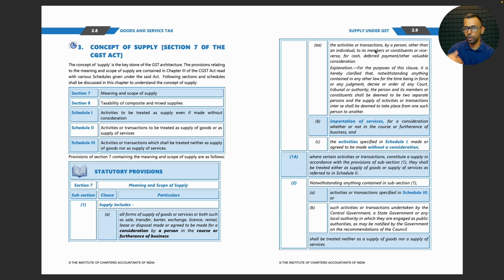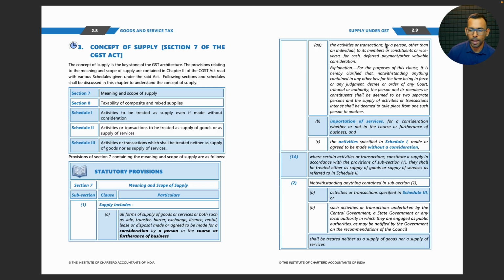So member will be the holding company, for cash. So in that situation, even if they are consolidated, even if they look like the same company, it will be deemed that they are two separate persons, and supply of such activities or transactions inter se shall be deemed to take place from one such person to another.